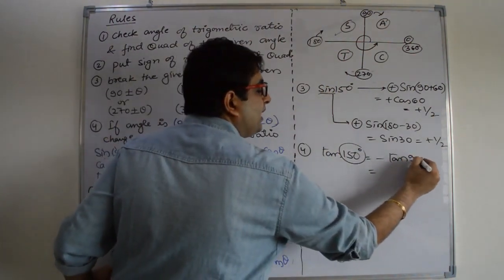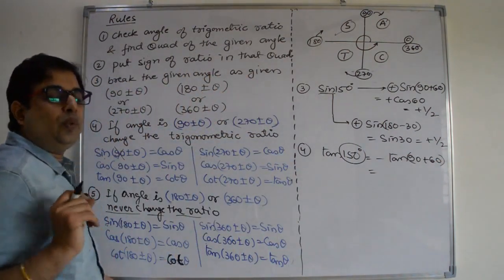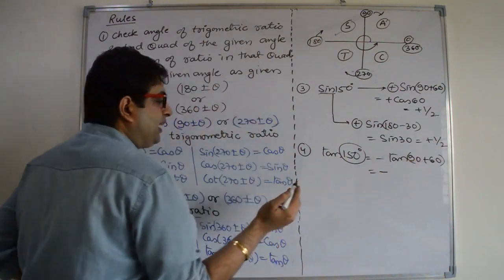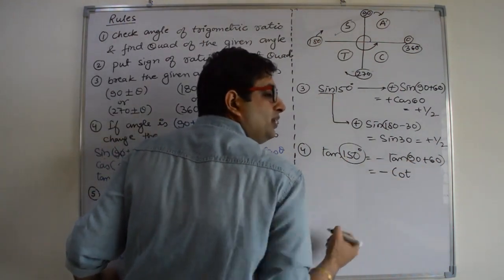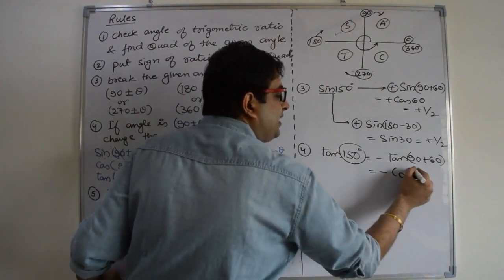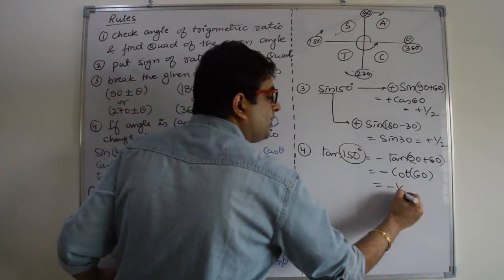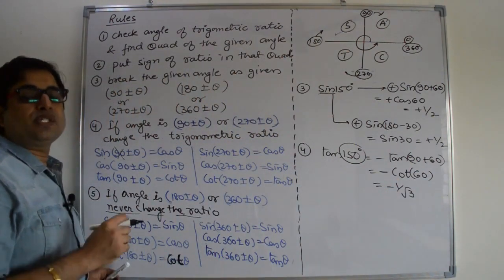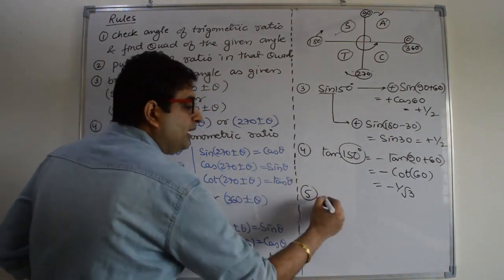Tan 90 plus 60. I am using only one, 90 plus, so whenever we have 90, then it will convert into cot 60 degree, right? And cot 60 degree is 1 by root 3. So it is minus 1 by root 3. Let us take one more example.